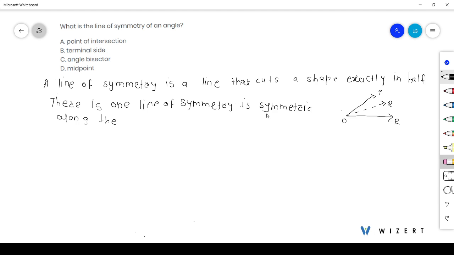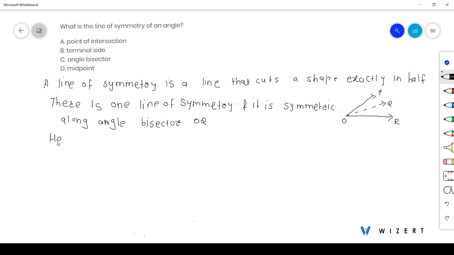And it is symmetric along the angle bisector OQ.